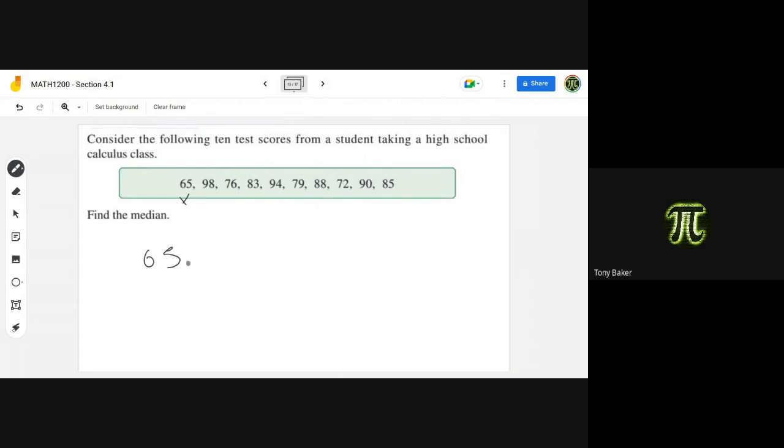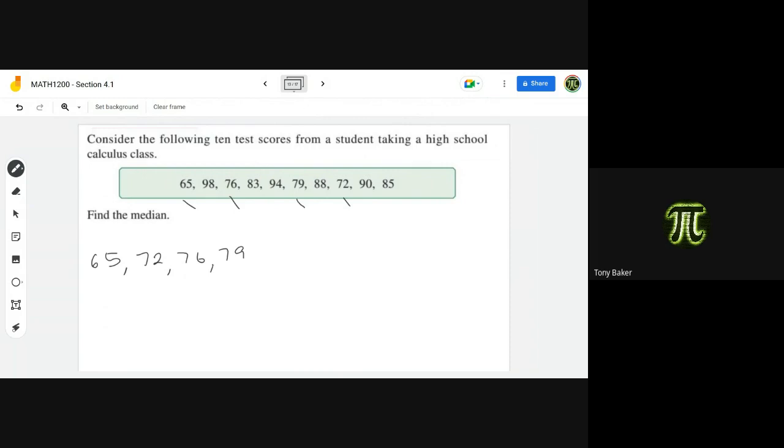The next one is 72. Where does the 60? That's 65. Oh, I thought it was a 3.